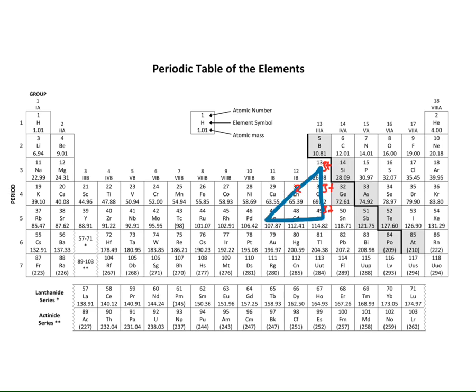These 2 are both 2 plus, and this 1 is 1 plus. Those never change. Group 1 is always 1 plus. Group 2 is always 2 plus. And the triangle is either 3, 2, or 1. Put that in your brain. Don't let it leak out.